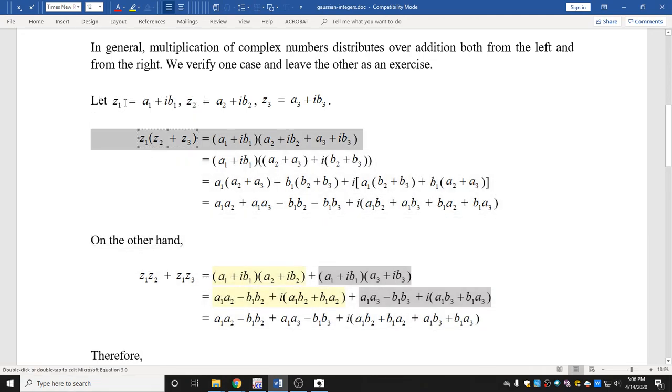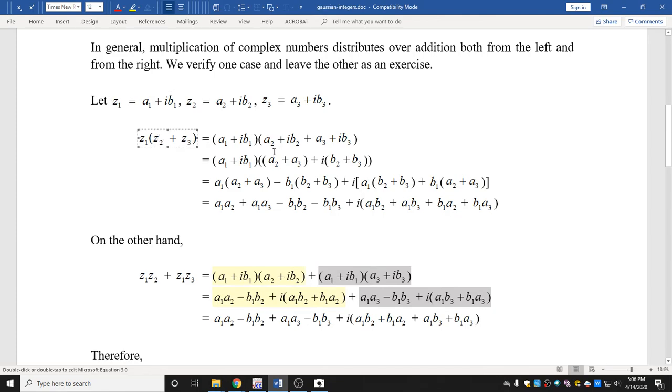So we are taking z1 to be a1 plus i b1, z2 to be equal to a2 plus i b2, z3 to be equal to a3 plus i b3. So in performing the product z1 times (z2 plus z3), we have to use our definition of addition to put z2 plus z3 together.